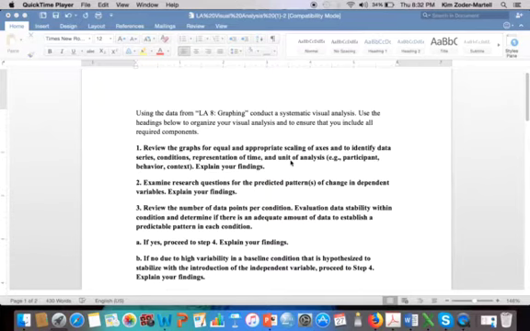So you're going to look at the number of data points and see if there's enough for you to analyze. Now you have to take into consideration that this is an applied research question, and so sometimes you might not always be able to collect all the data that you want.